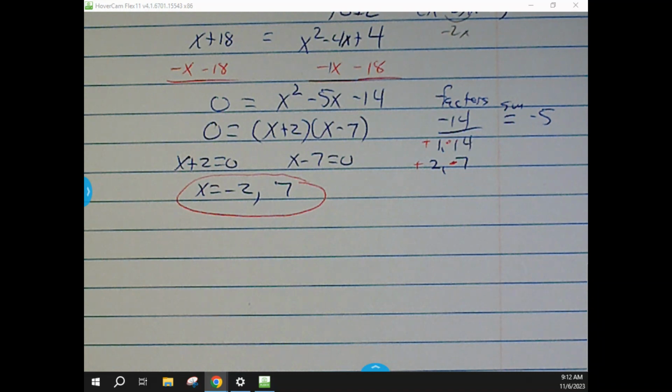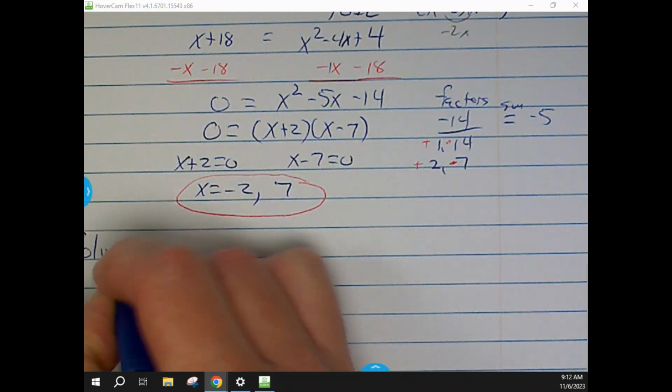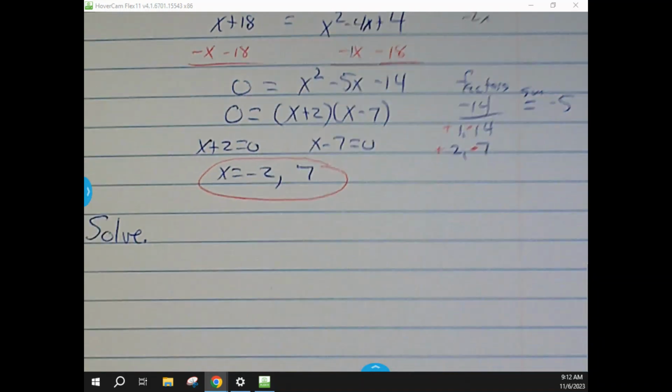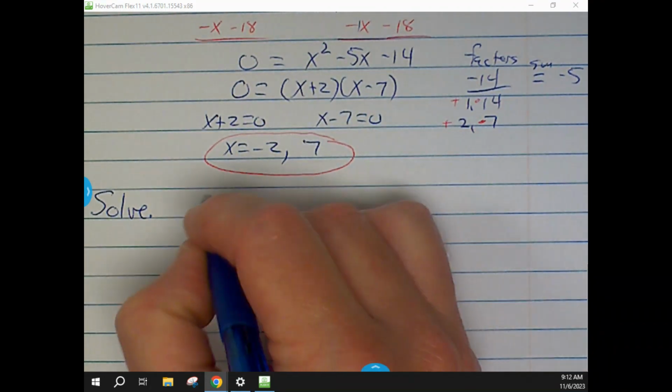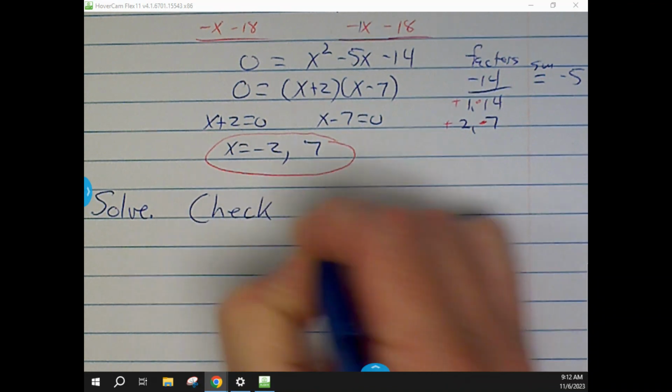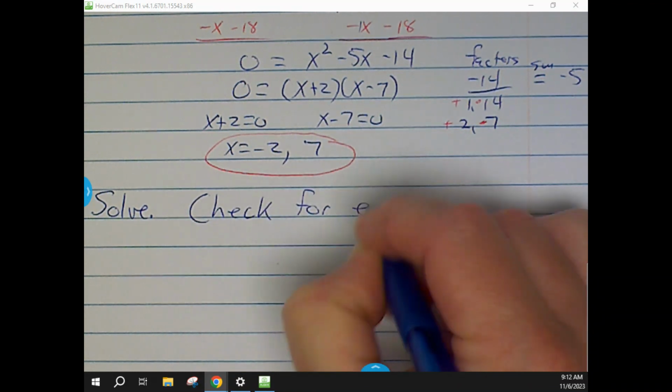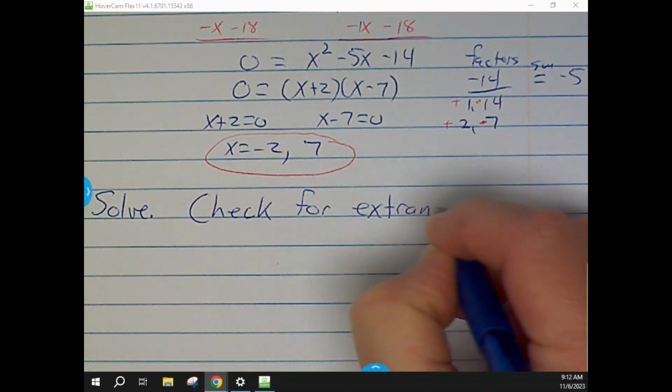One last example, and then we'll be done. Here's where the directions change a little bit. They're going to ask you to solve, and then we're going to check for extraneous solutions.